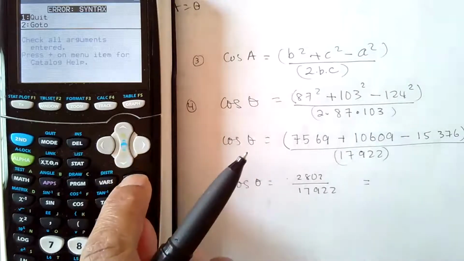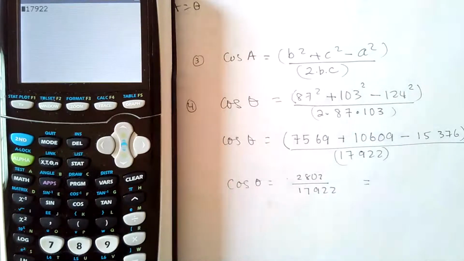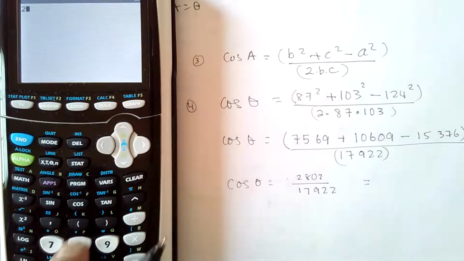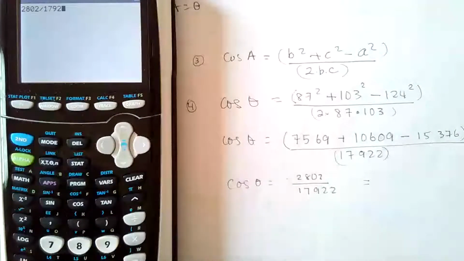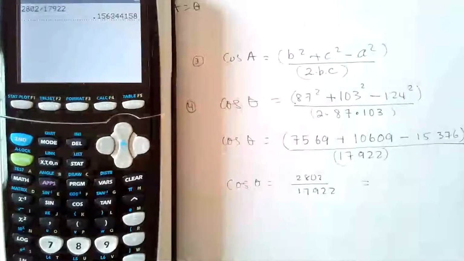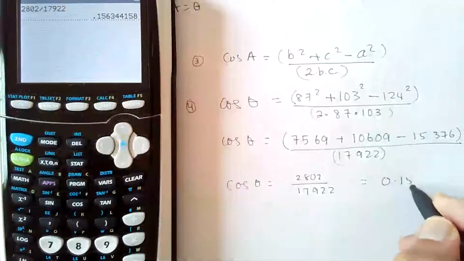I got an error. Therefore, I've made some mistake there. Oh, I cannot divide, I didn't have any value first. 2802 divided by 17,922. So now we have the ratio is less than 1. It tells me I am likely on the right track.